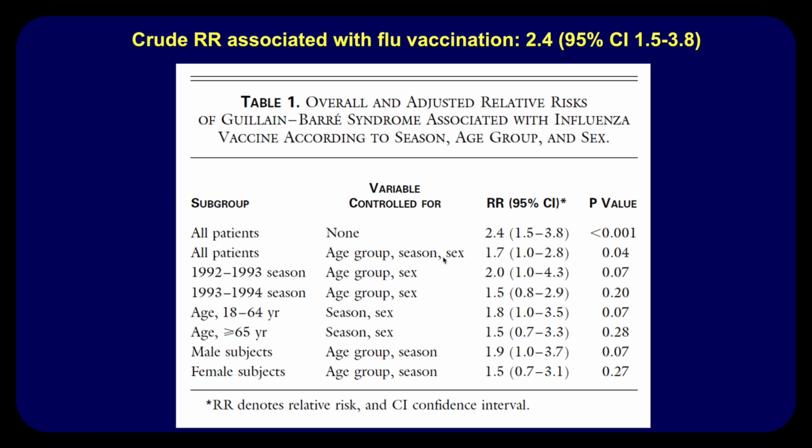And in some other analyses of all patients where we adjusted for different factors or stratified by season, by age, and by gender, you can see some of the associations here. In general, the takeaway here is that especially for the 1992-93 season, there may have been some small increase in the risk of Guillain-Barré syndrome following flu vaccination.